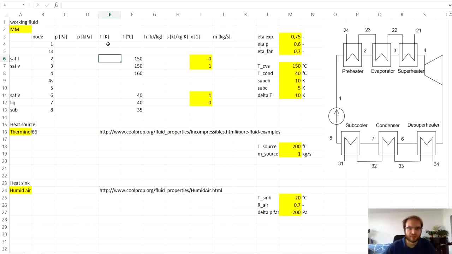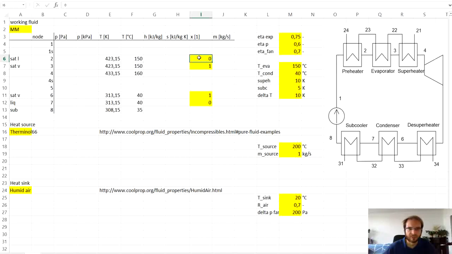Since the property parameters are using basic SI units, we will convert the temperatures in degrees C to temperature in kelvins. These points 2 and 3, we have specified the steam quality.